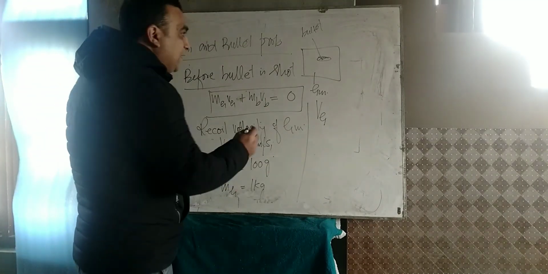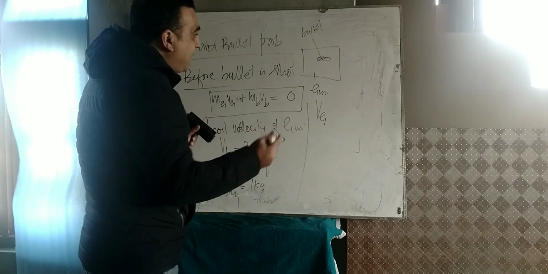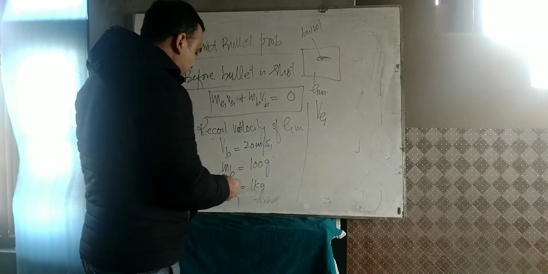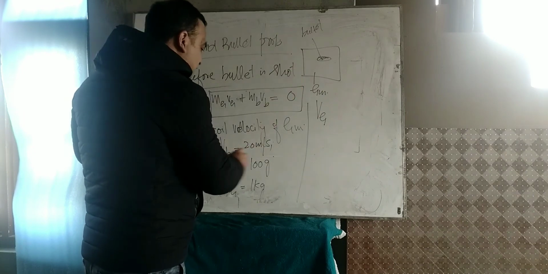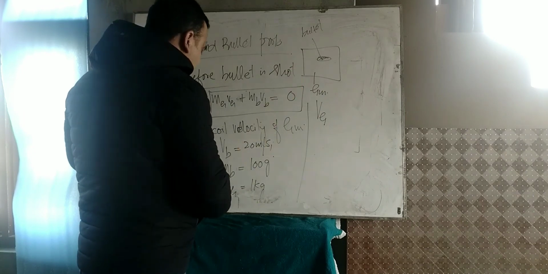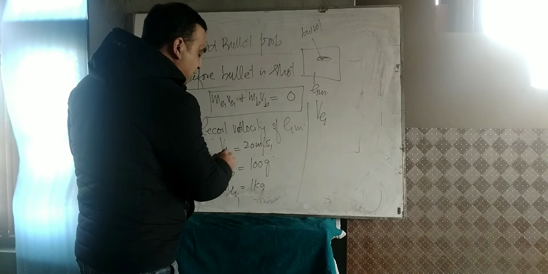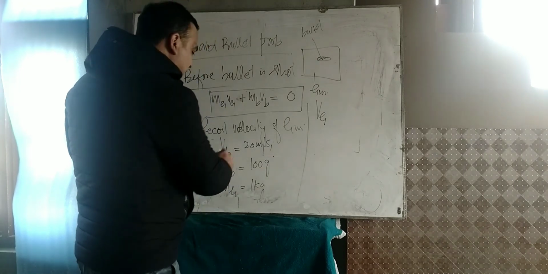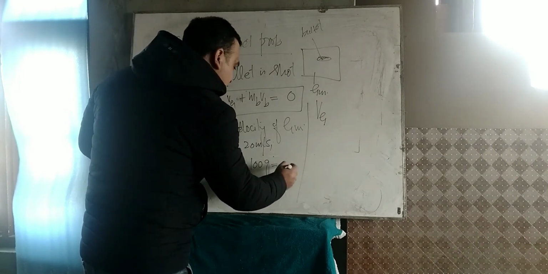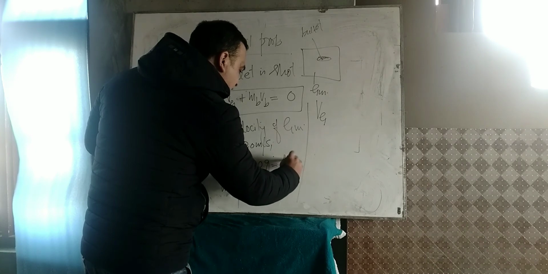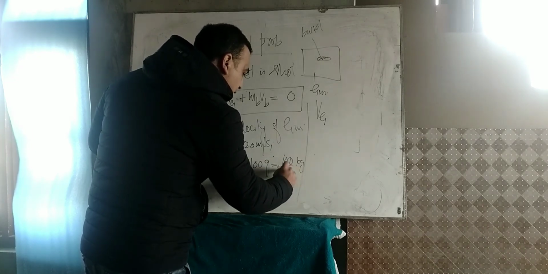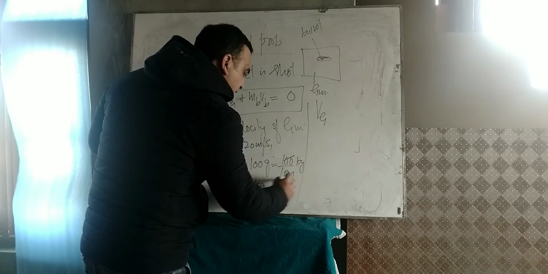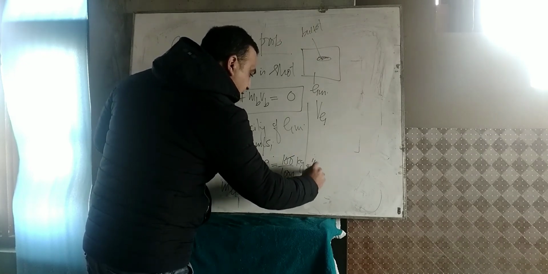Now, what the problem is, we have a gun and bullet problem. A bullet is shot with the velocity 20 meter per second and the mass of the bullet is 100 grams. This 100 grams should be converted into kilograms. So this is 100 by 1000 kilograms, which is 1 by 10 kilogram.